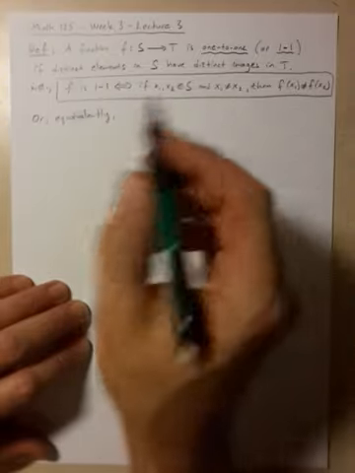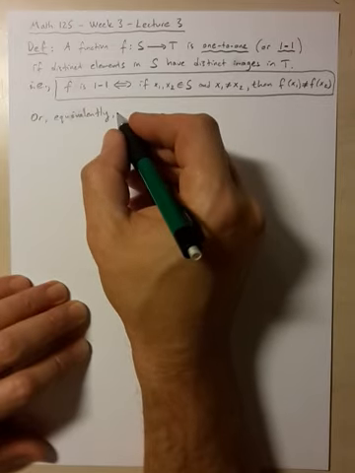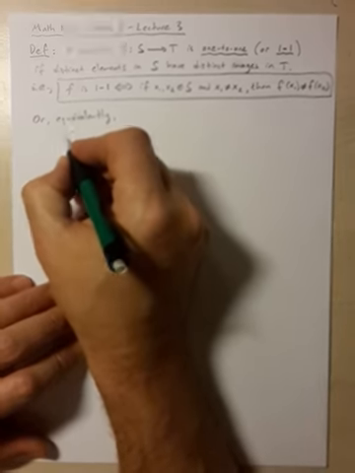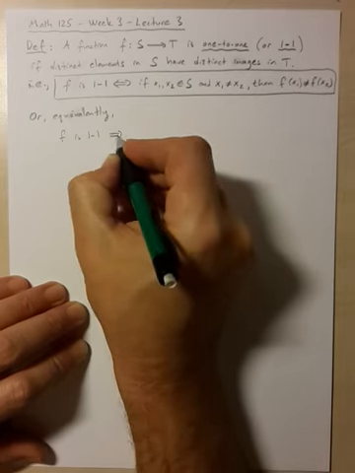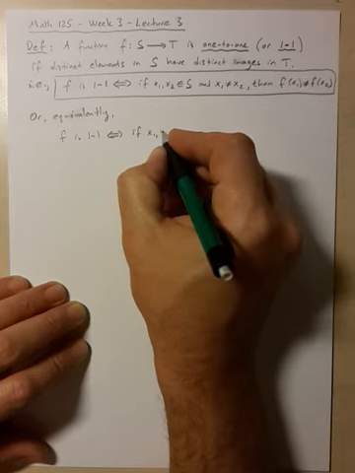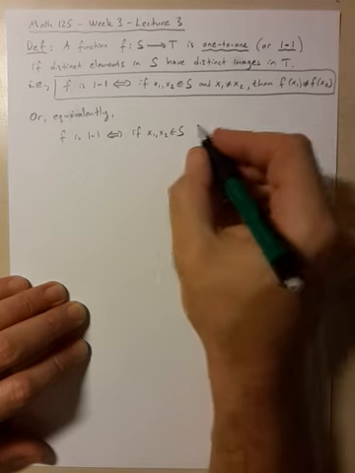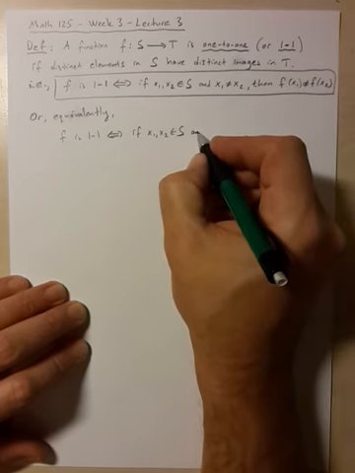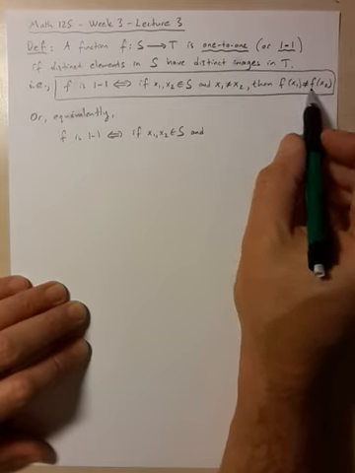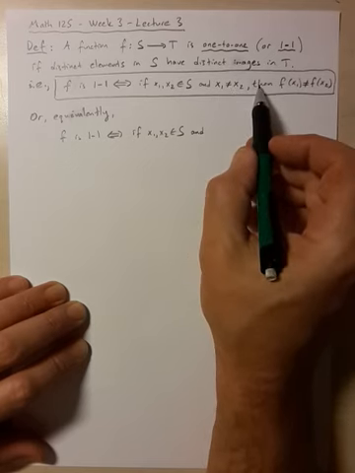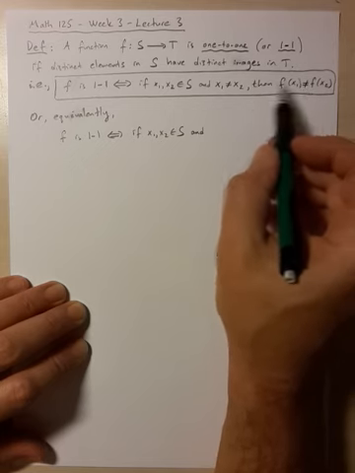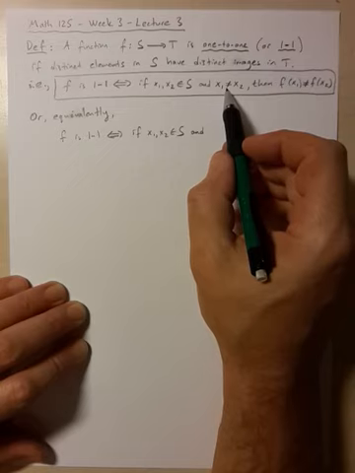What is the contrapositive? f is 1-1 if and only if, whenever we pick two elements x1, x2 in S, and we write the contrapositive: this is like P implies Q, so not Q implies not P. This is the contrapositive of the statement.